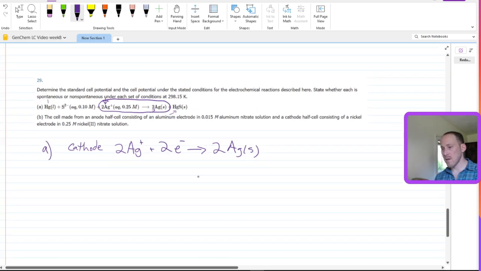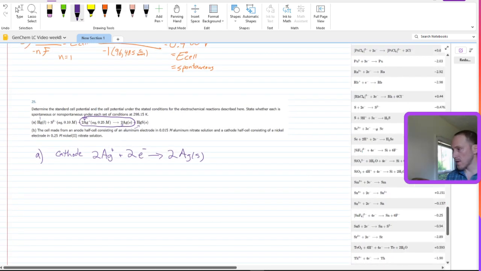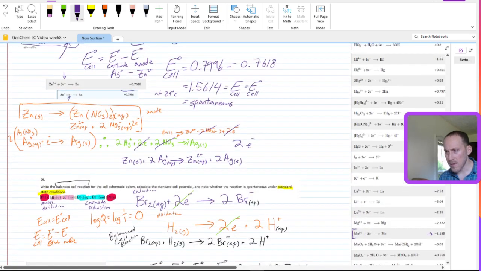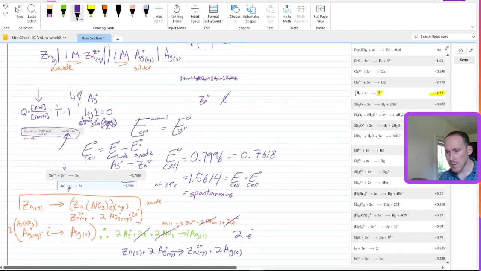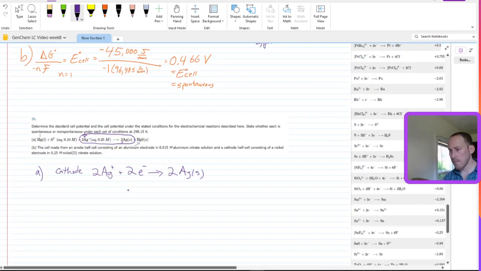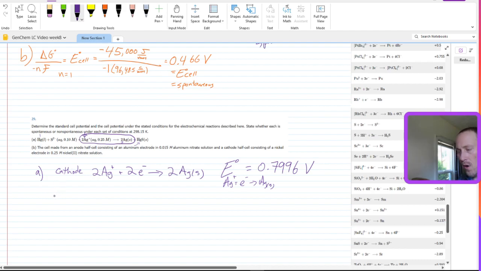And I think we already have this right here, 0.7996. So the standard reduction for silver plus 1 electron becomes silver is 0.7996 volts. That's the cathode of our situation.